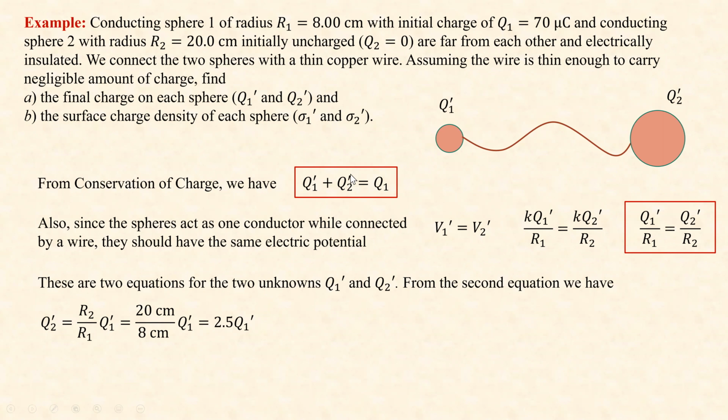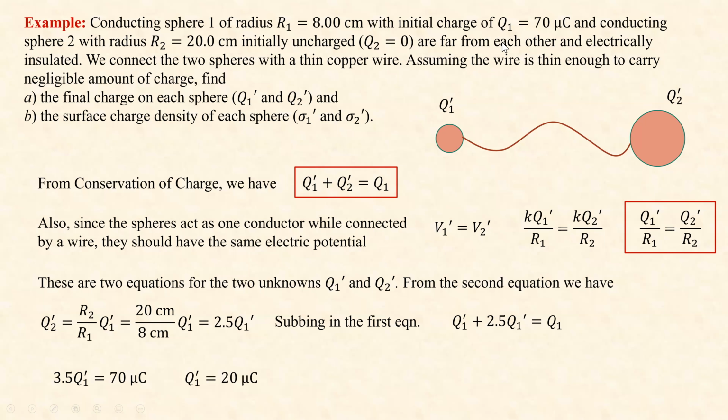And then we put for Q2, which is that, we put it here. So we have Q1 prime plus 2.5 Q1 prime equal to Q1. So 3.5 Q1 prime equal to the Q1, which was 70 microcoulomb. And then Q1 prime becomes 20 microcoulomb. So this had 70 microcoulomb.